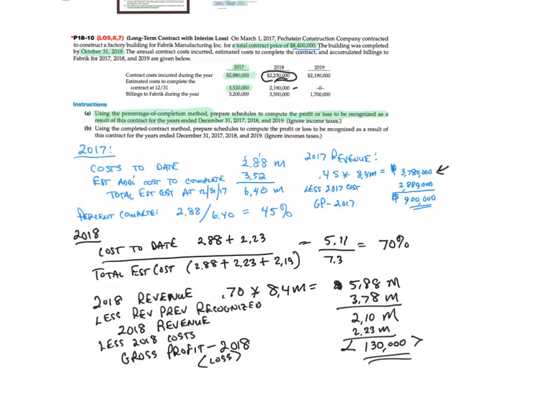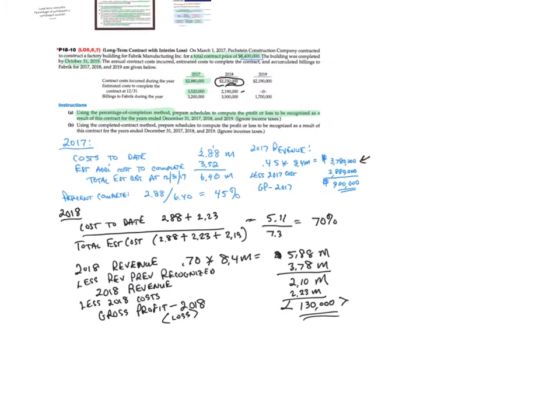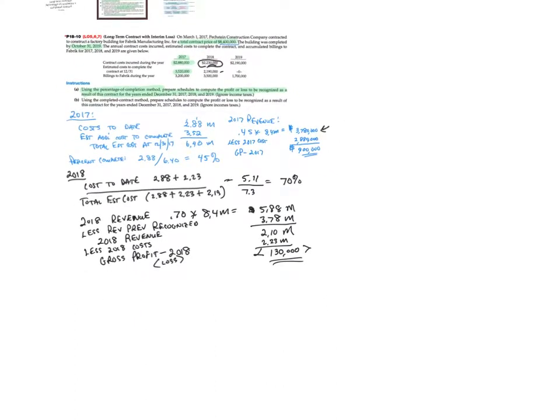Okay. In 2019, what we're going to do, and let's go back to blue just for an offset, for 2019 we're going to say our total revenue, 2019 revenue, is going to be the contract price because we finished it up, less recognized in 2017. That was the 3.78 million.